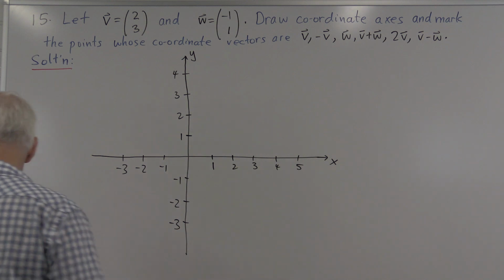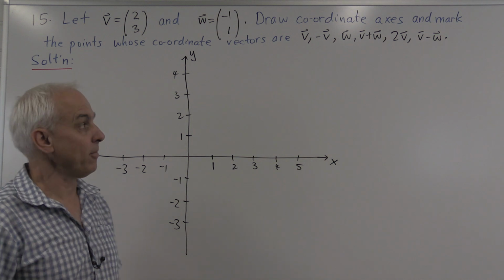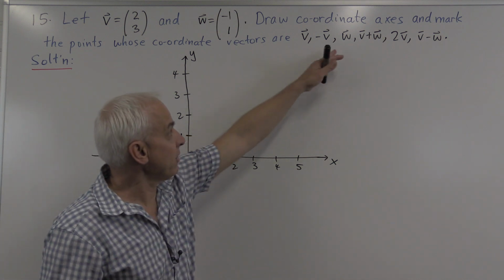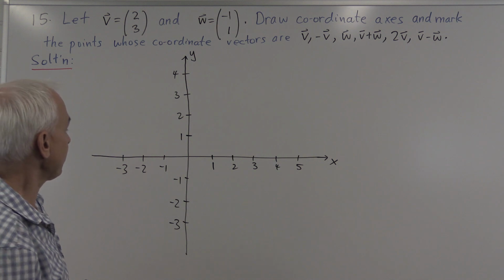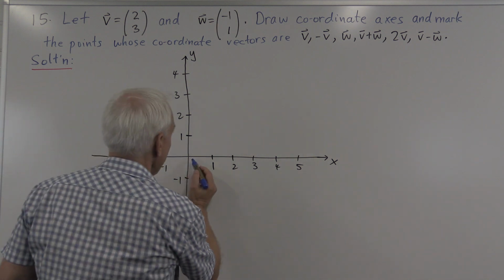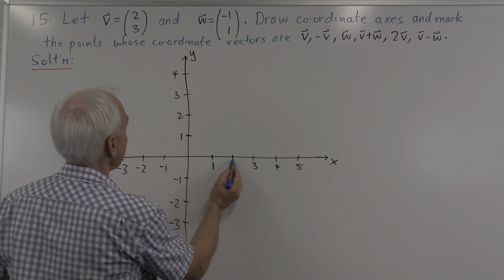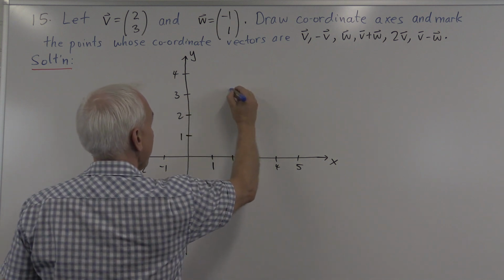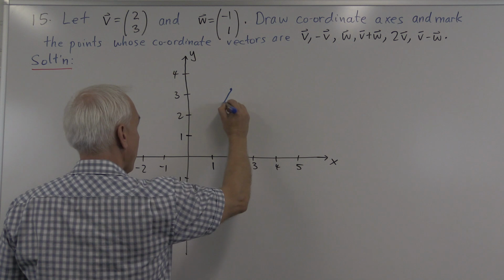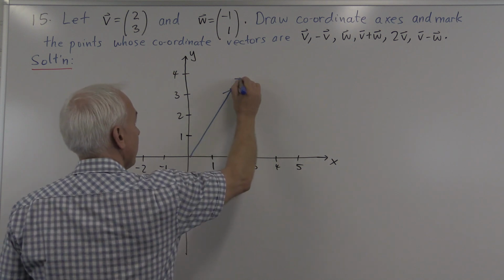All right, so probably a good place to start is to, first of all, draw the vectors themselves. Well, they're included in the question anyway, so let's draw v and w. So where is v? V is the vector that starts at the origin and goes to the point 2, 3. 2 this way, 3 that way. So we're going up to about there. All right, so there is the vector v.